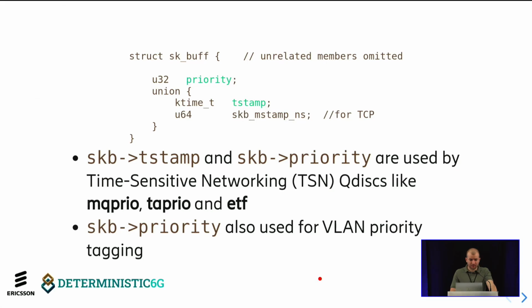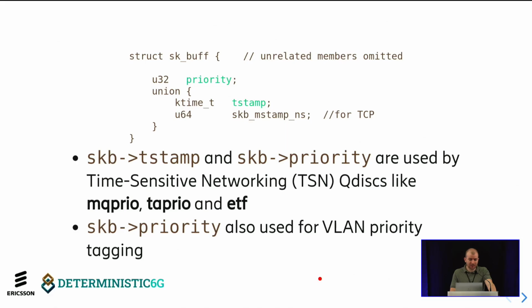And now back to the kernel, some familiar topic. So here's the simplified version of the SKB structure, lots of fields omitted. What's important for us for time-sensitive networking is the priority and the timestamp.